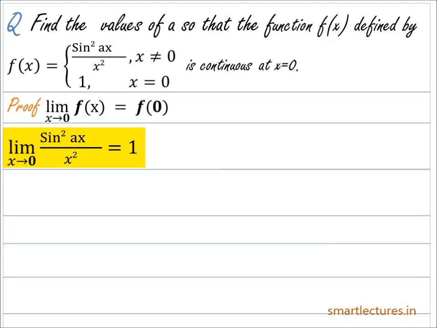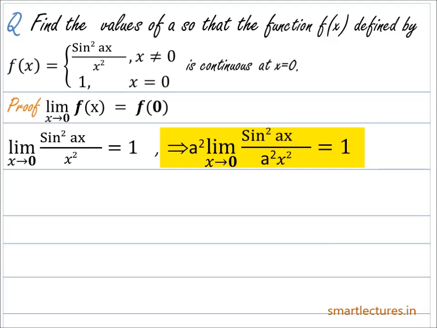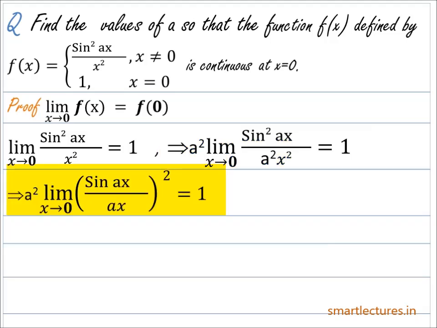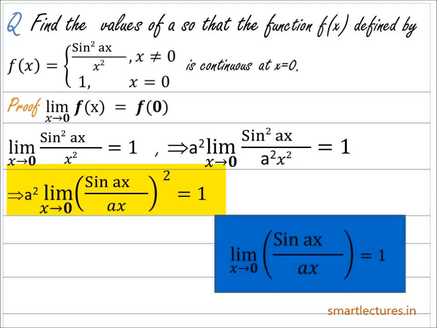Or in other words, if we multiply the numerator and the denominator by a square, then our equation will be a square into limit x approaches 0, sine square ax upon a square x square is equal to 1, which can also be written as a square into limit x approaches 0, sine ax upon ax whole squared is equal to 1.